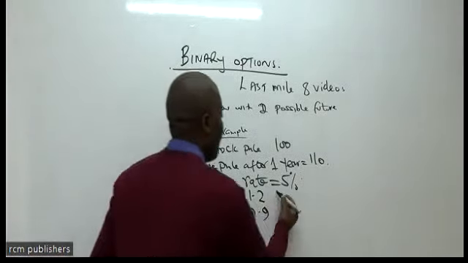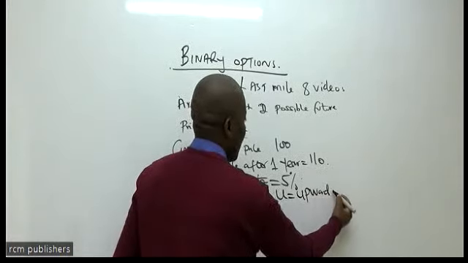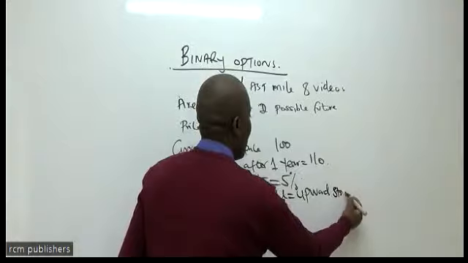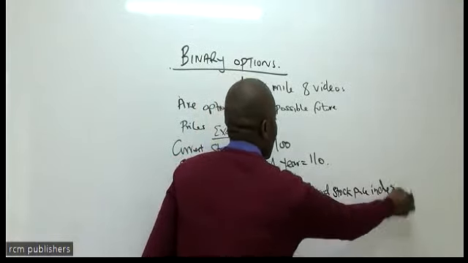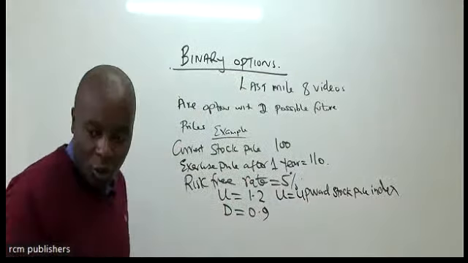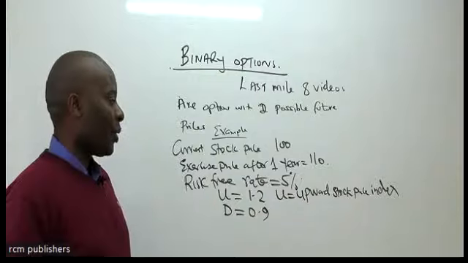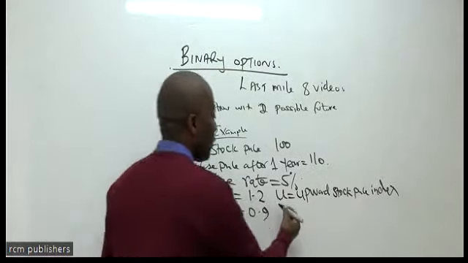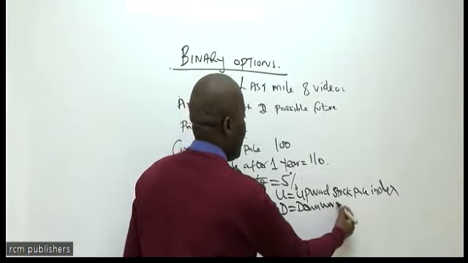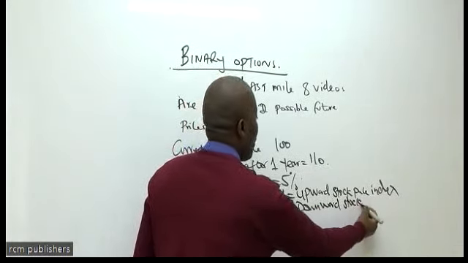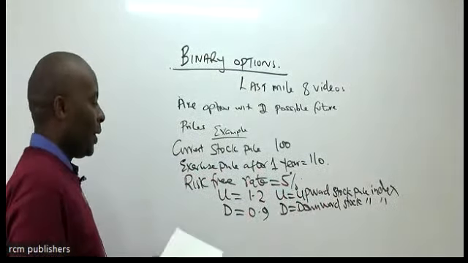So U basically stands for upward stock price index. And then D stands for downward stock price index.